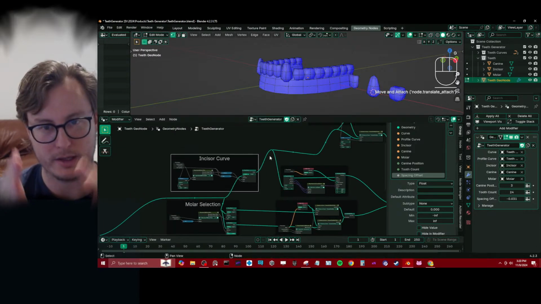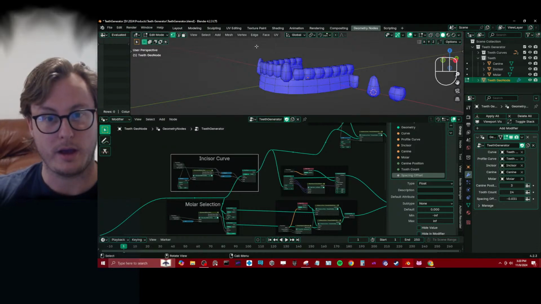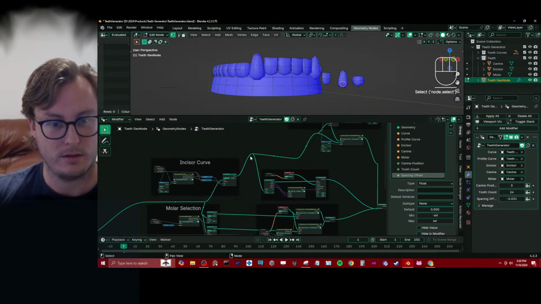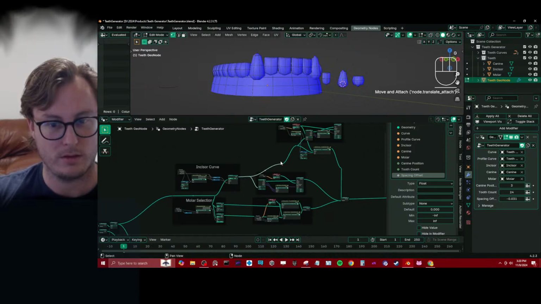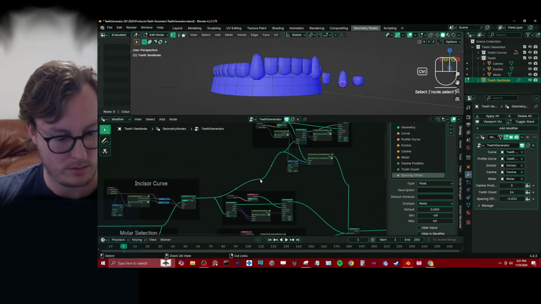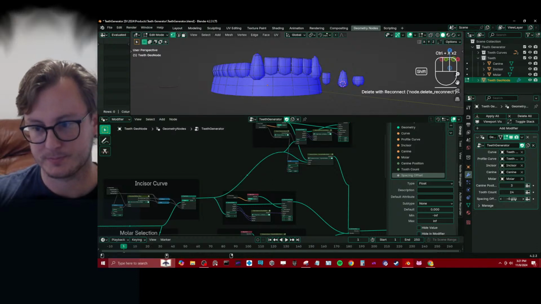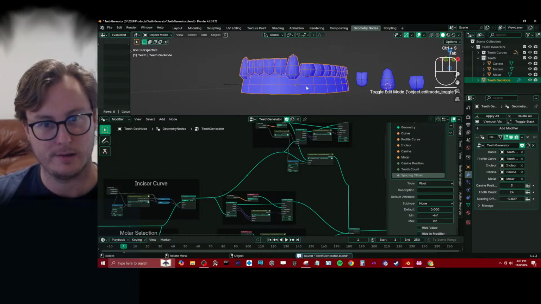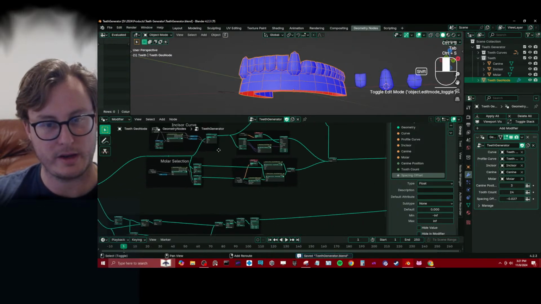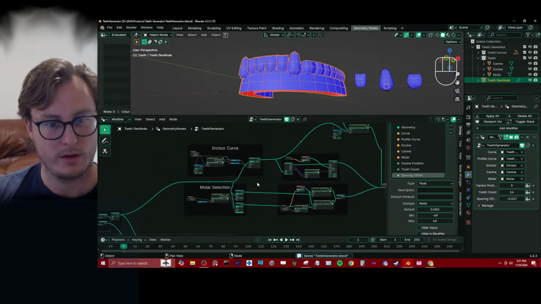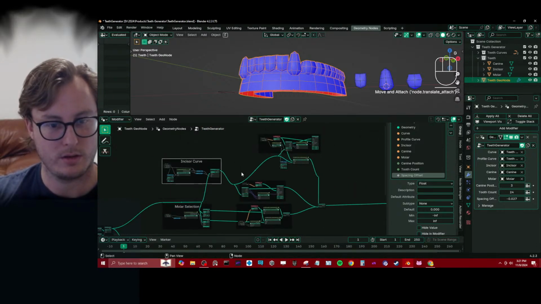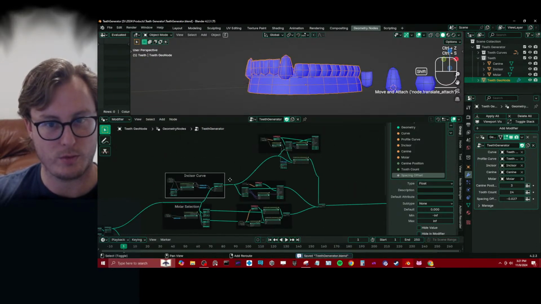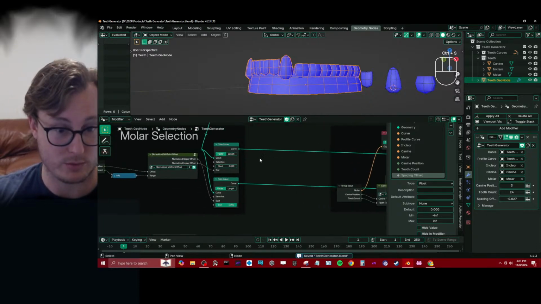So I'm only spacing on the inside. Okay. Do the same for our molars as well. I would like them to move as well.